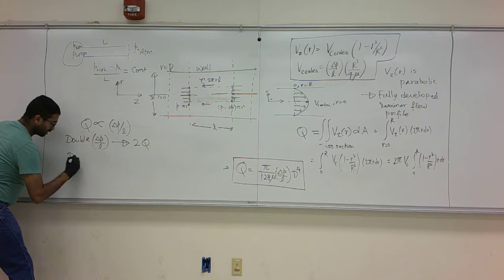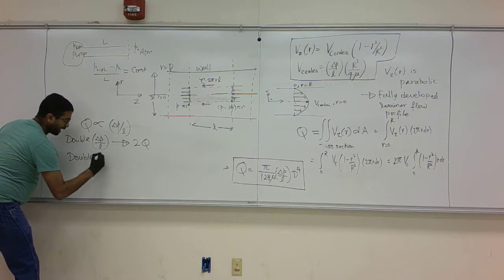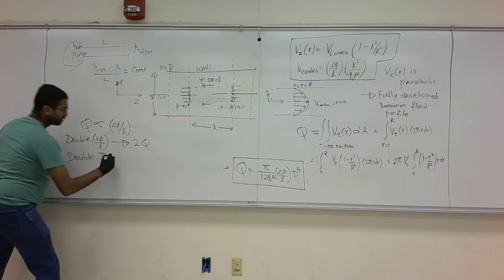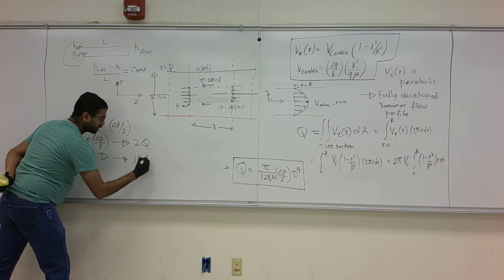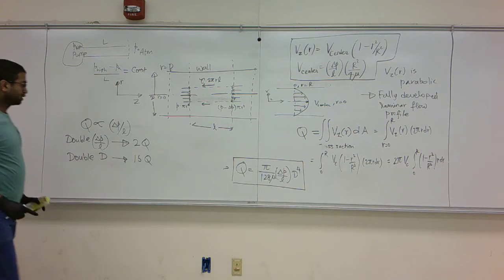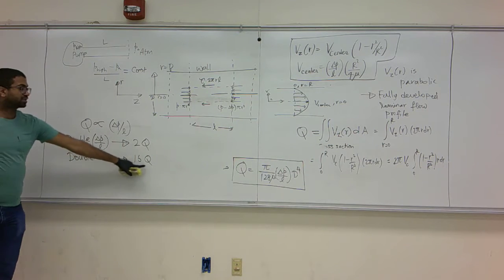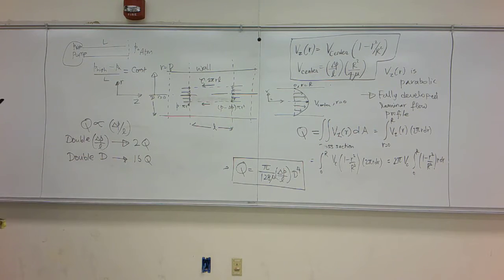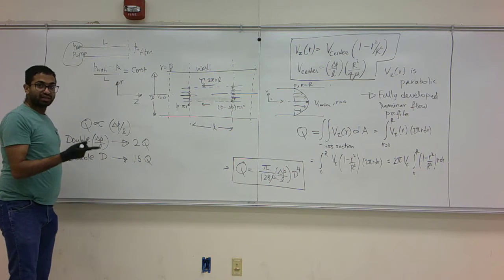If you double the diameter, flow rate becomes 16 times, 2 to the power 4. Instead of d, if I replace it with 2d, I get 16 times the flow rate if I double the diameter, keeping everything else fixed.